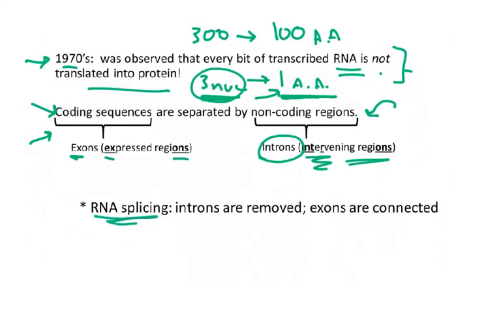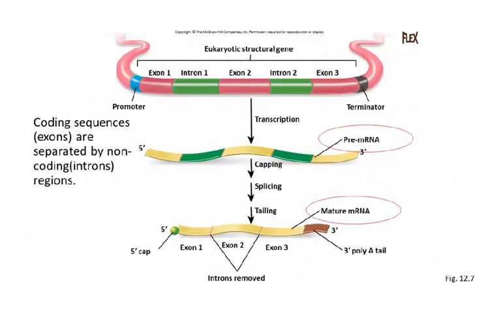This is where these intervening regions are actually cut out and the exons are connected together. The introns for a long time have been considered junk DNA because they're not actually coded into a protein sequence. But now we're beginning to understand that these little introns may actually have some functions in the cell beyond just being junk DNA. Though I do believe a lot of the literature will still call them junk DNA. We haven't completely figured out what all these intervening sequences are good for.